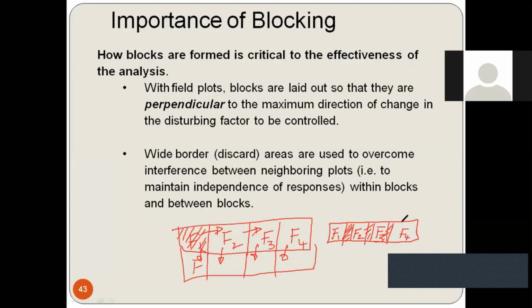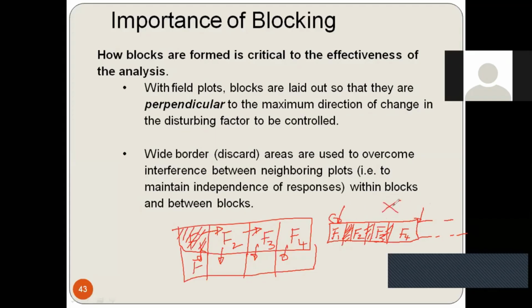Suppose you have so many treatments of this fertilizer, then you'll have to have a very big block. Very big block. Big size of block. So we cannot get homogeneous plots, and if you take a plot of this, it is no more homogeneous.